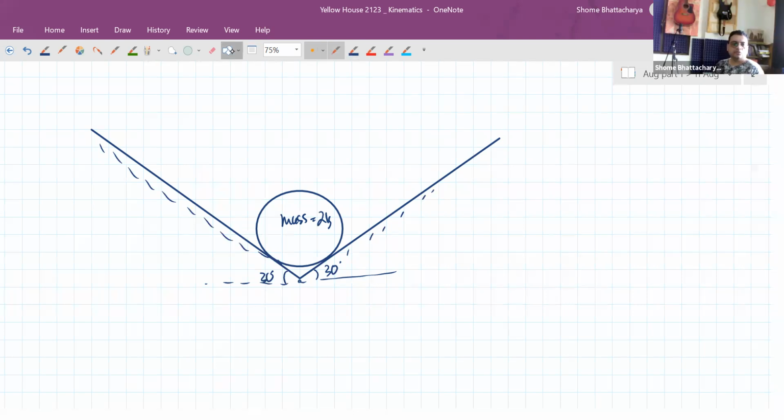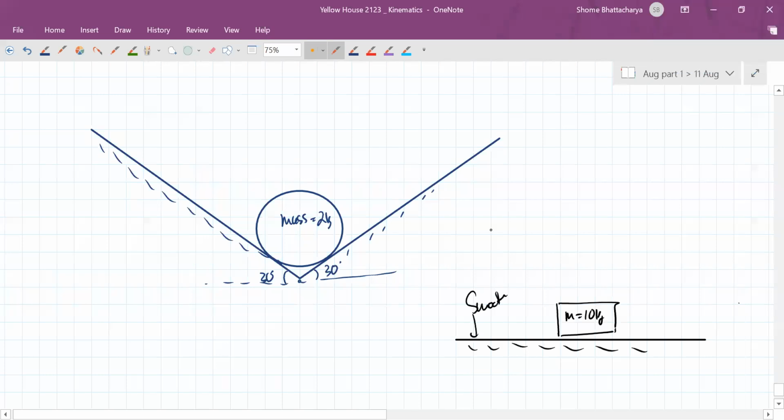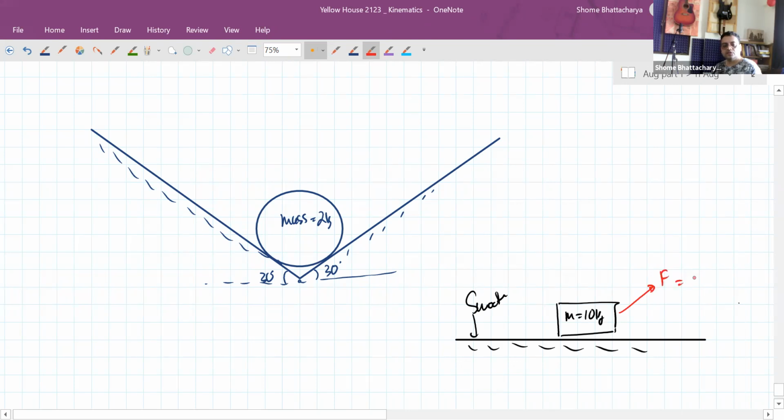Okay. And what about if I give you a question of this type, that you have a smooth horizontal surface? And on that, I've kept some block of some mass, say 10 kg. This is smooth. And now I start pulling it with some external force of, let's say, 15 newtons at an angle of some theta, let's say 37 degrees with the horizontal.